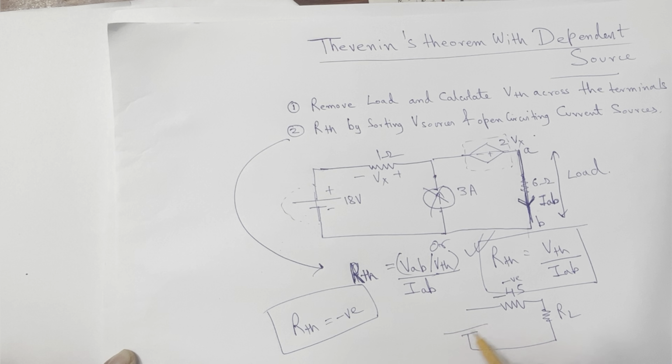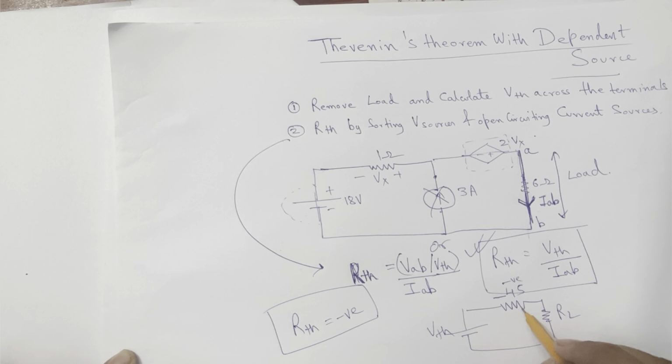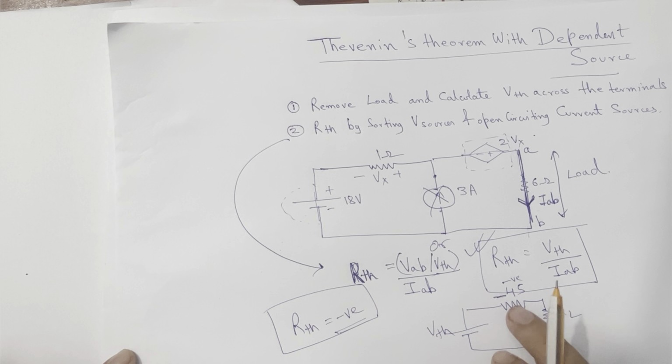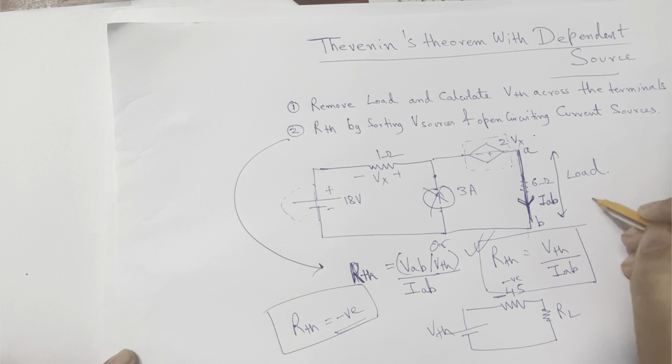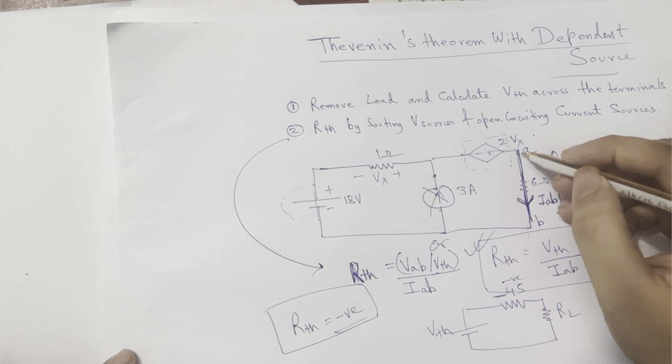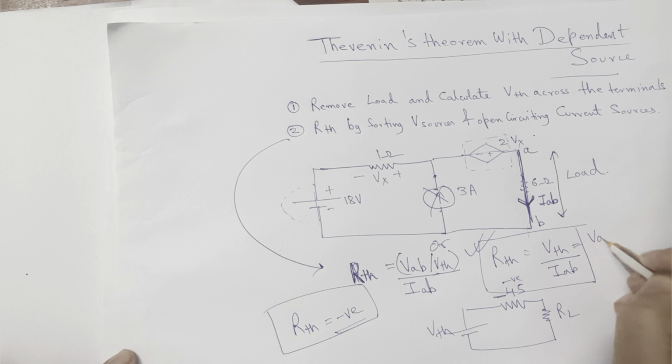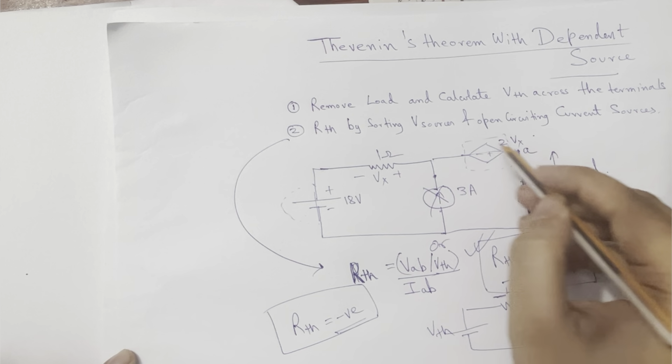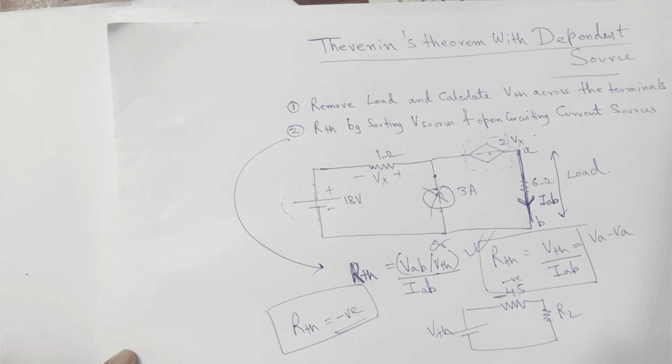With VTH, we will form the circuit with the negative value of resistance so that the magnitude becomes correct. If VTH is VA minus VB, starting from A and coming to B and writing the voltage drops, then the current should also be in the direction of IAB.